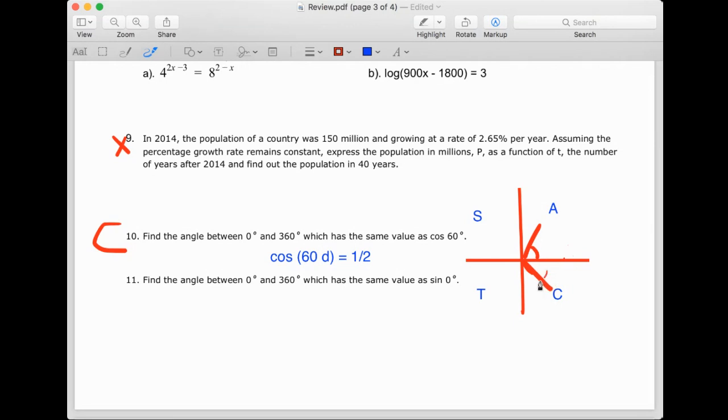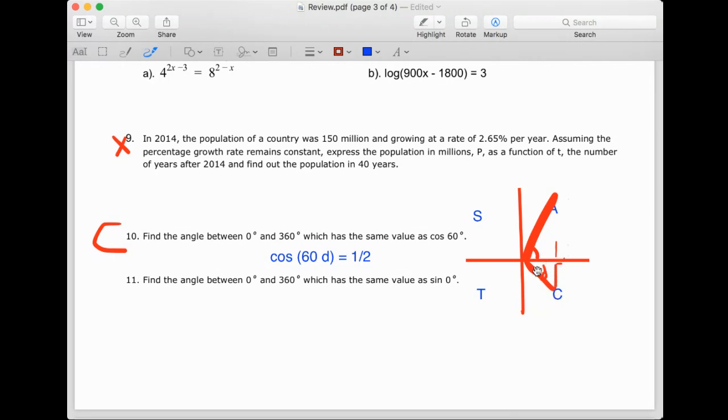Remember we talked about the reference angle? Because we're looking at different triangles. In the first quadrant, we're looking at this triangle. So let me make this a little bit longer. And in the second quadrant, we drop a perpendicular line to the x-axis and look at this triangle.